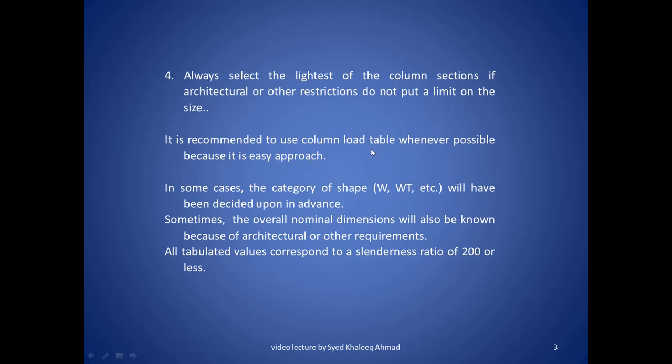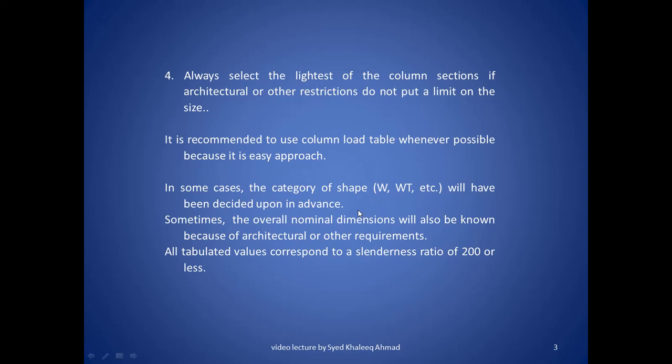Sometimes, because the sections are limited, it is not available for every value of Fy. For Fy 50 these values are available, so we have to look for that criteria. In some cases the category of shape, W and so on, will have been decided in advance, so you have to take care of that.